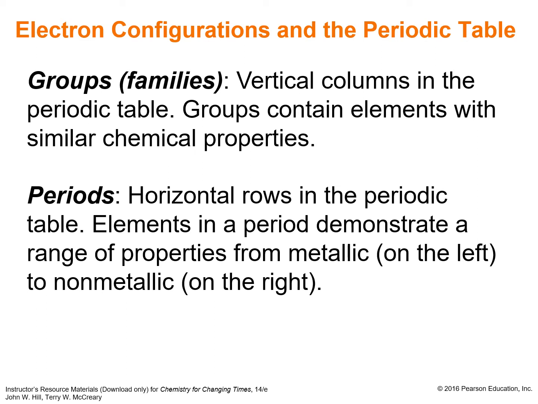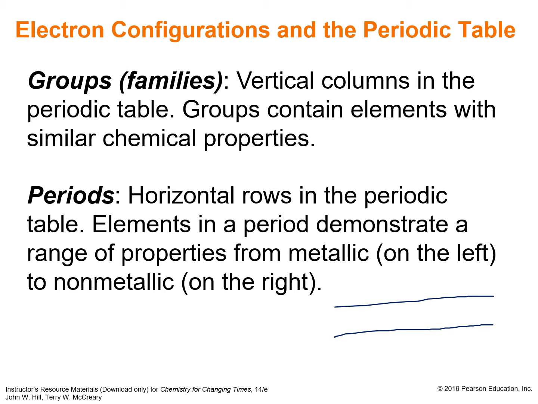These groups or families are the vertical columns, as I just said, and they contain elements with similar chemical properties. That's important; that's how they are organized. And periods, the horizontal rows: each element in the period demonstrates a range of properties, depending on which elements are metals, which are non-metals, and which are metalloids.